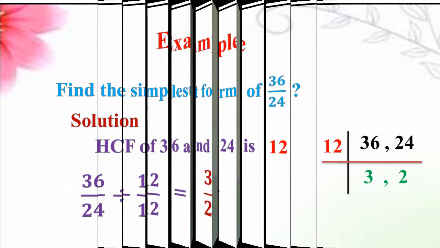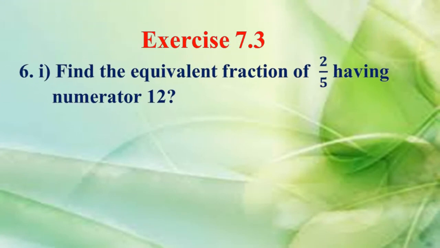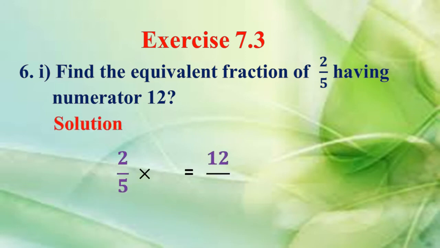So exercise 7.3, find the equivalent fractions of 2 by 5 having numerator 12. That is given 2 by 5 into, we don't know that same number, isn't it? The numerator and the denominator are multiplied by the same number, so then only we can get an equivalent fraction. So we don't know that number, but the given numerator is 12.